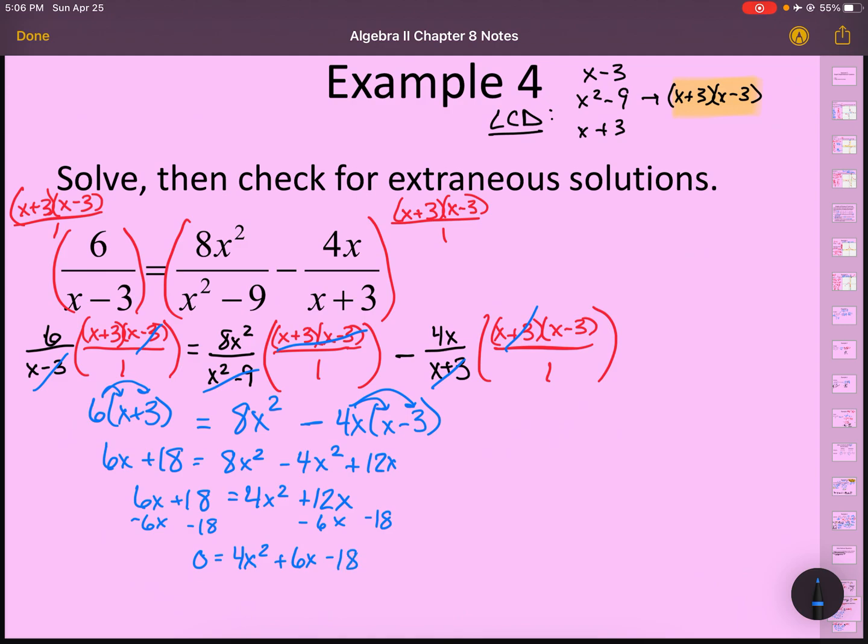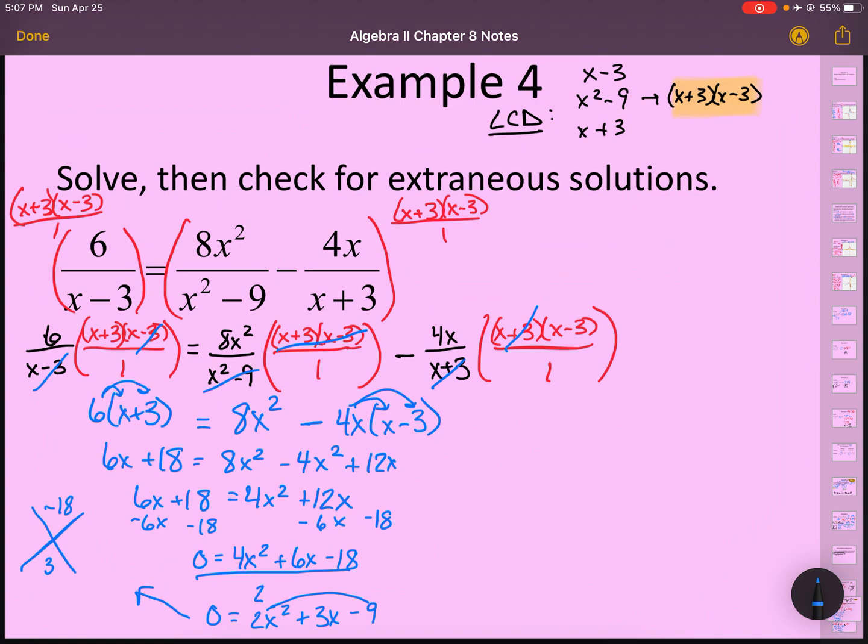And notice that before we go to doing the x method or anything to factor, these all can be divided by 2. So if we divide the whole thing by 2, we got 0 equals 2x squared plus 3x minus 9. And that can be used in the x method. So if we multiply the first times the last coefficient, that is negative 18, and our middle coefficient is 3.